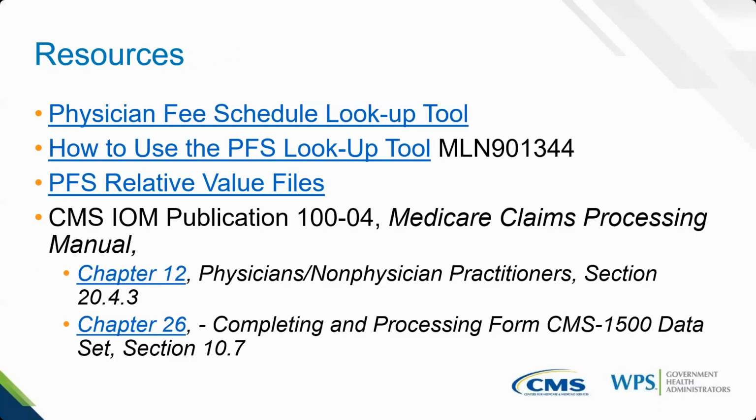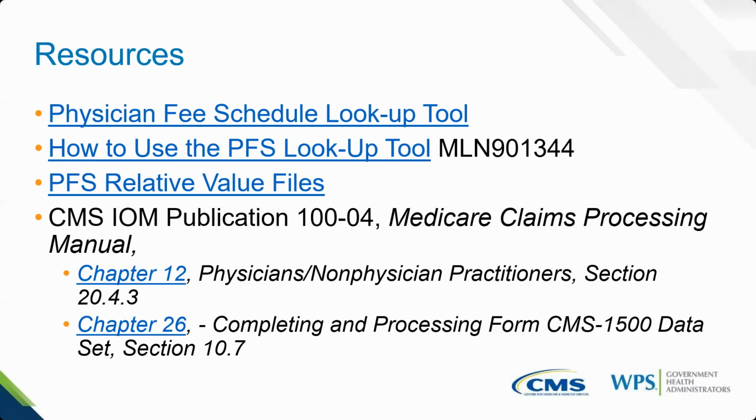So the physician fee schedule lookup tool, the first one that's listed there, kind of goes along with that second one. The second one shows you how to use that tool. So what you can do with this is you can enter your surgery procedure code, and then it will bring back to you the different columns from the relative value file that go along with that code.